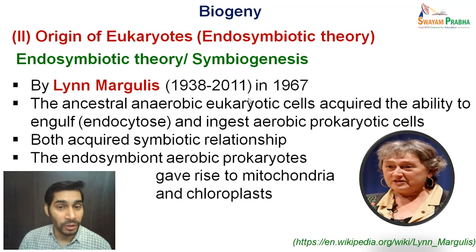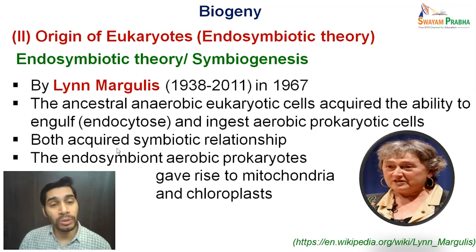Remember, we are talking about eukaryotic cells, but anaerobic and ancestral ones, which acquired the ability to engulf or endocytose and ingest aerobic prokaryotic cells. So here the eukaryotic cells could engulf the prokaryotic cells, and these prokaryotic cells were aerobic in nature, whereas the eukaryotic cells were anaerobic.